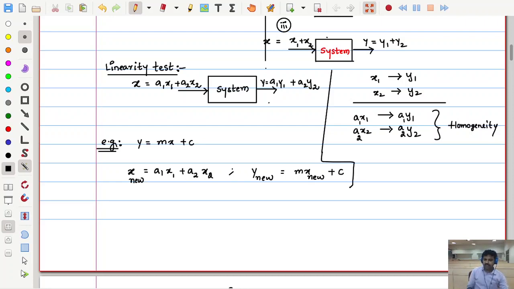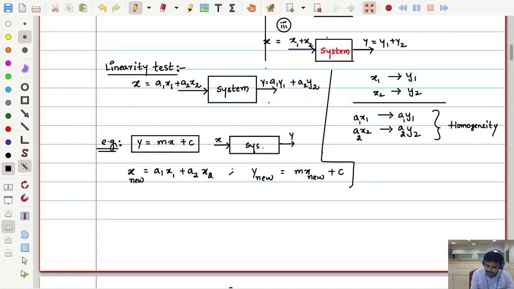Now let us see here. I have given a simple equation, y is equal to mx plus c, where y is the output, x is the input, m is the slope of the line, and c is some constant. Now I want to see whether this is a linear relationship. So this might be a system for which the input is x and the output is y.